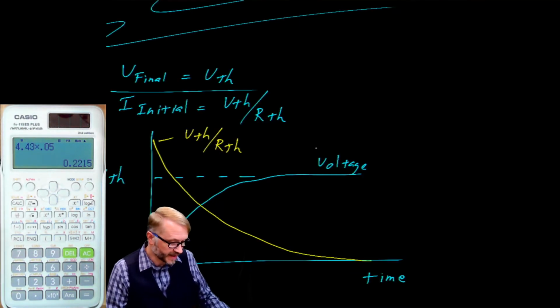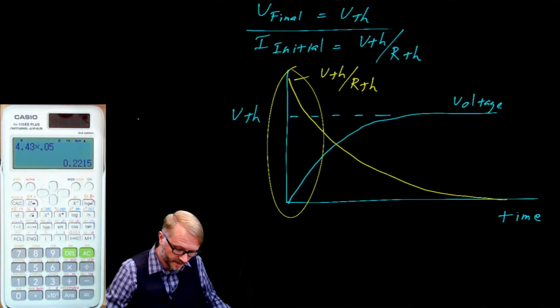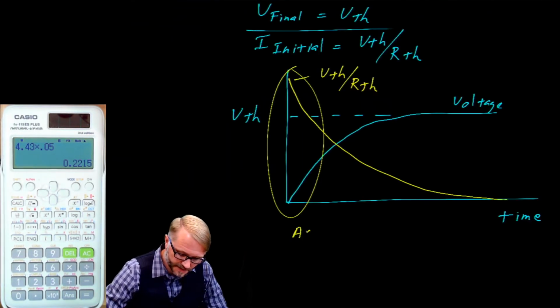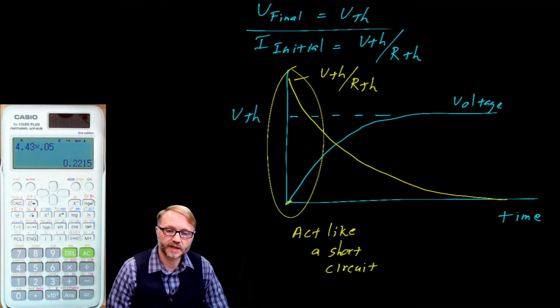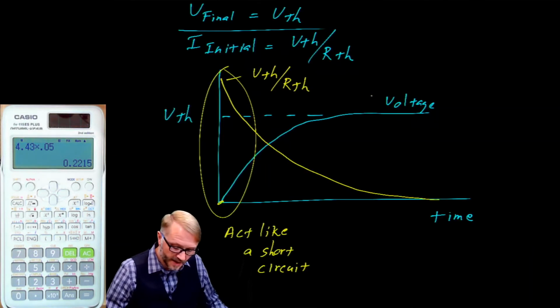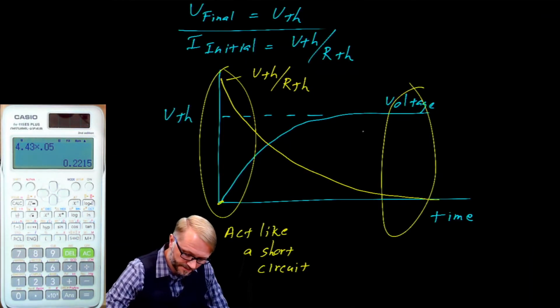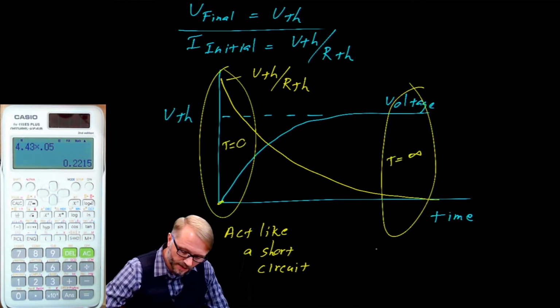Another way of saying that is at time 0, we could say the capacitor acts like a short circuit. It has no voltage on it, and the only current limiting is due to the Thévenin resistance. At time infinity, so this is time equals 0, and this is time equals infinity, the capacitor acts as an open circuit.